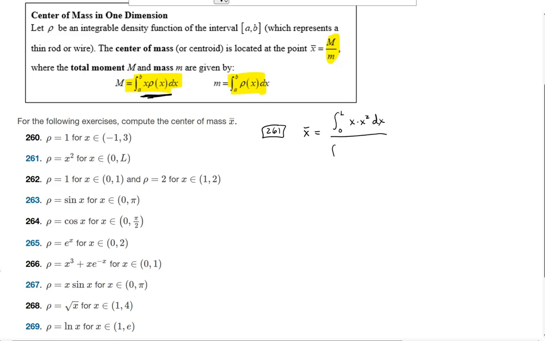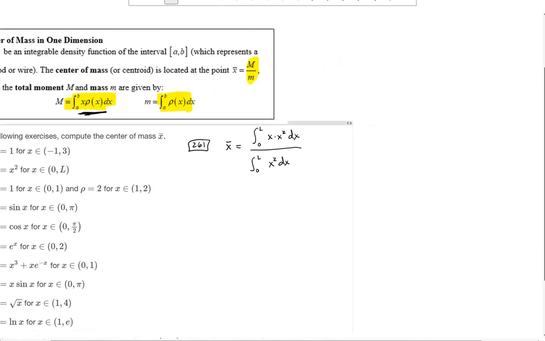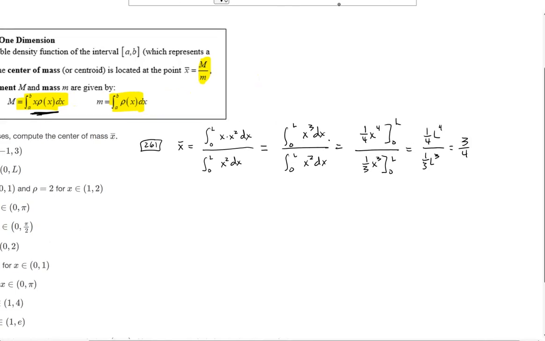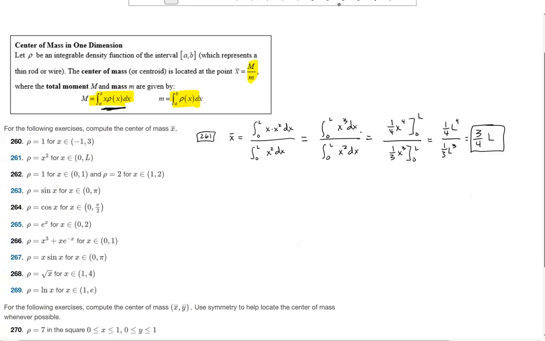And in the bottom, we're going to integrate from 0 to L just our density function, which is x squared dx. And now we'll go ahead and simplify that and integrate. And there you have it.